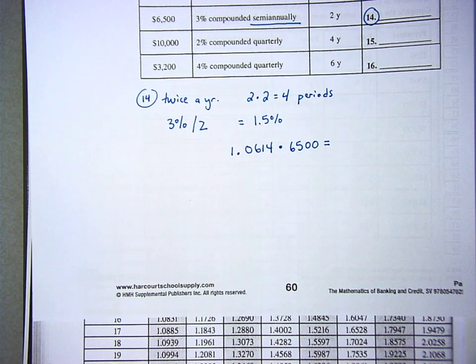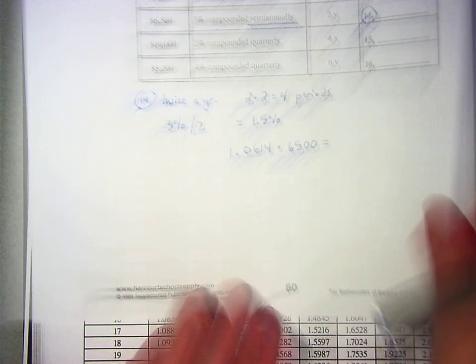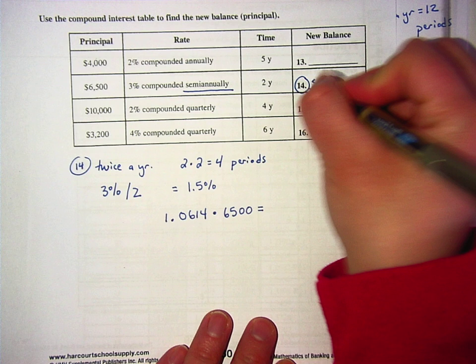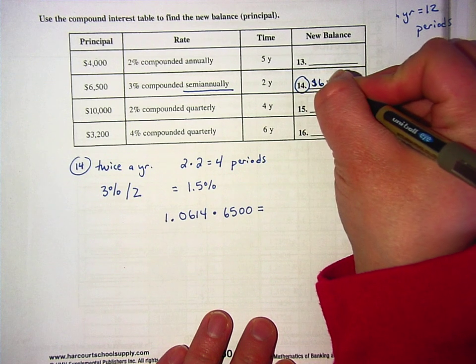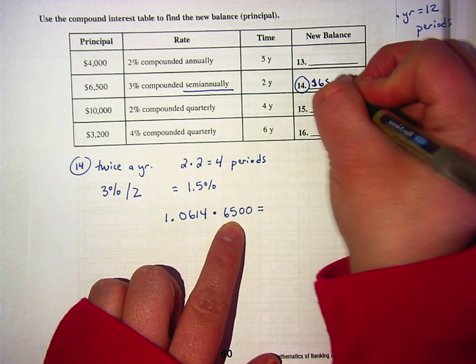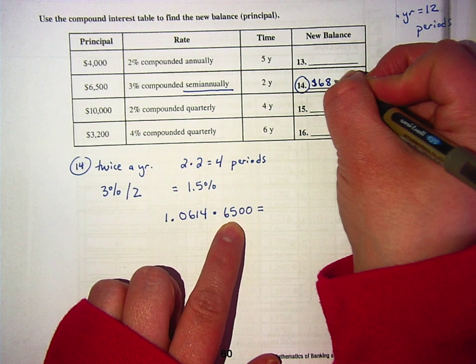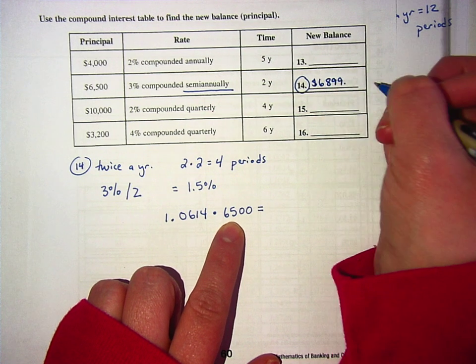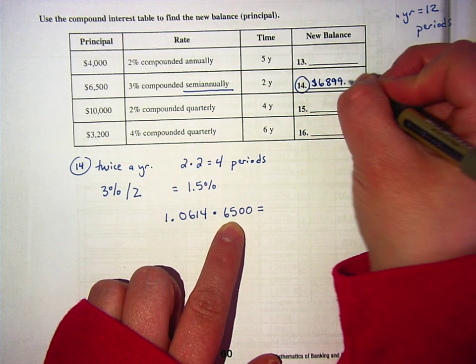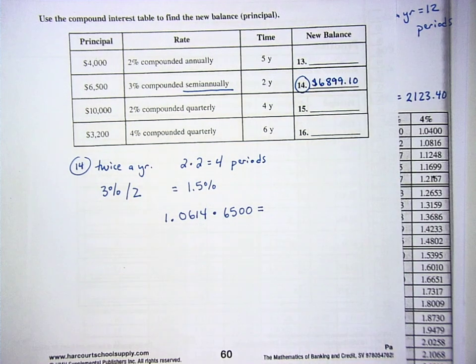So 1.0614 times 6,500. Riley, what'd you get? $6,899. Yeah. And how many cents? 10 cents. Everybody agree? Okay.